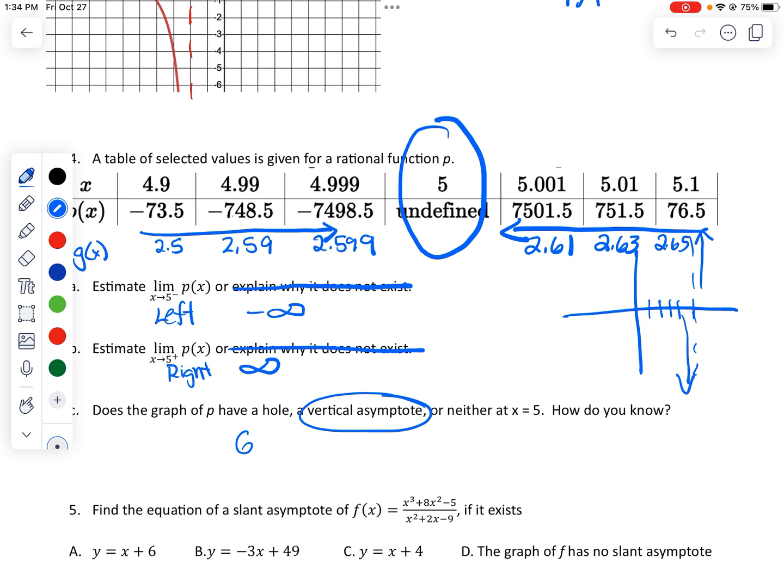Well, if you notice, as I move closer, it's not getting bigger or smaller like the ones shooting up or down. These numbers are relatively close. So if you were to make an estimate, what number would go here? I'd say 2.599, 2.61, about 2.6. So if it goes towards a number, that means there's a hole.